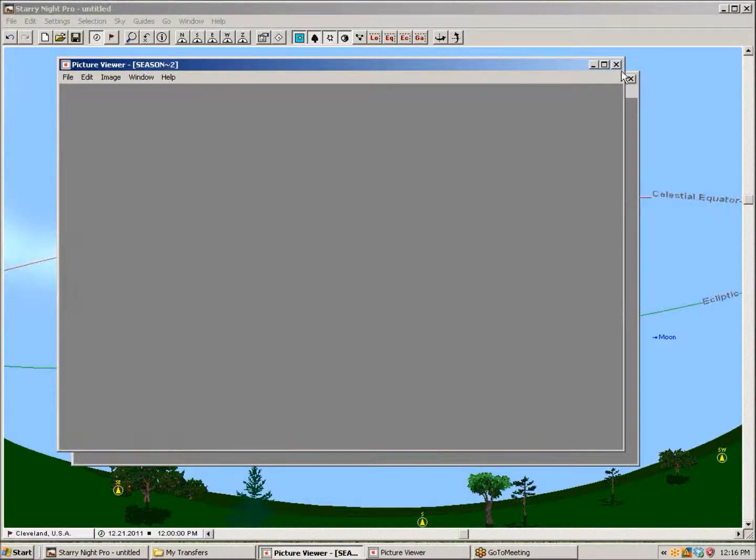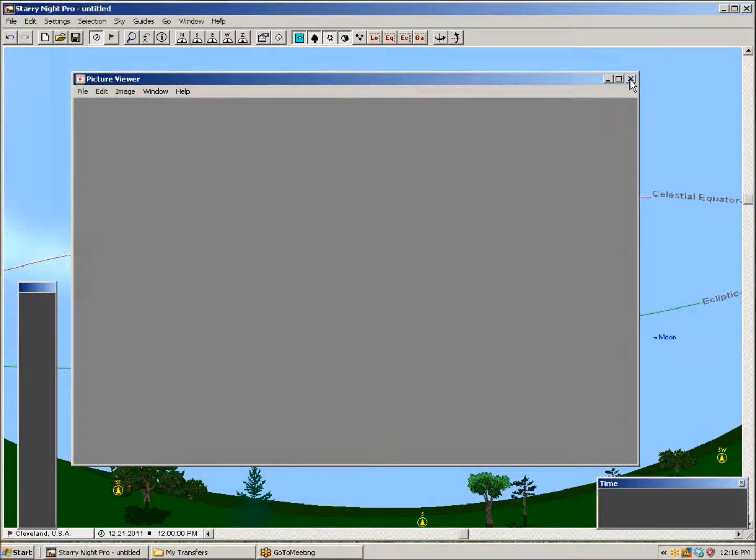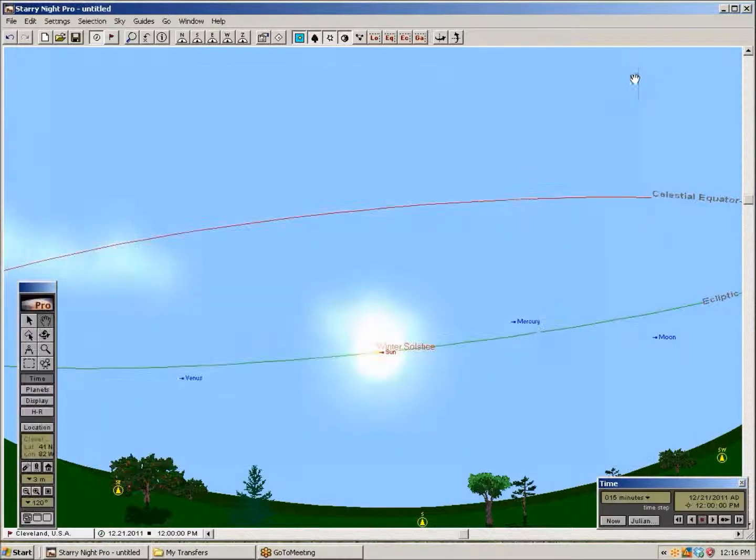So let me show you this in the program so you can watch these different heights. I have this set for noon because we really want the sun to be up. So I've set this for noon on December 21st. At noon, the sun is pretty much due south, and it's high noon because that's the highest the sun reaches in the sky.